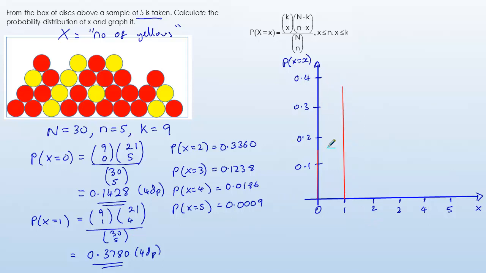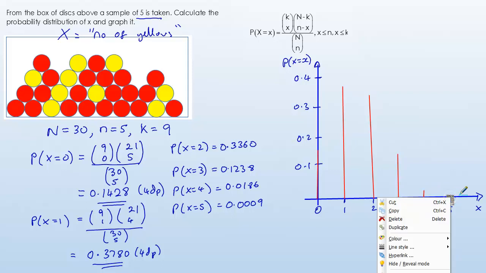We can't do that this accurately when we're just doing it like this. 0.3360, so that would be a bit lower, and then 0.1238, so sort of there. 4 is 0.0186, so that's going to be tiny, and 5 is going to be even tinier, if I can even draw it. There we go.